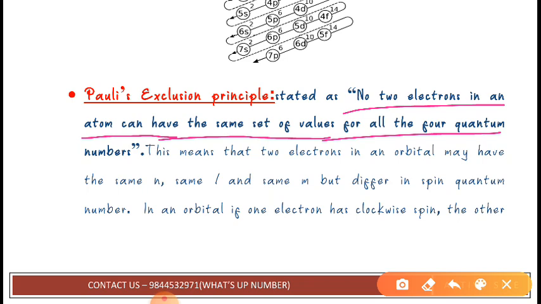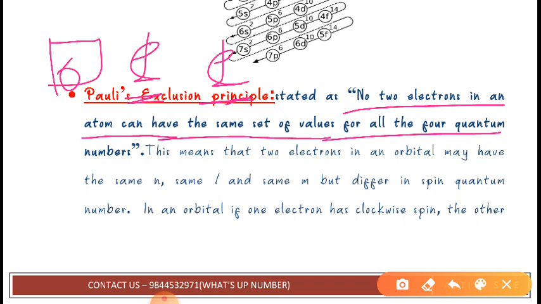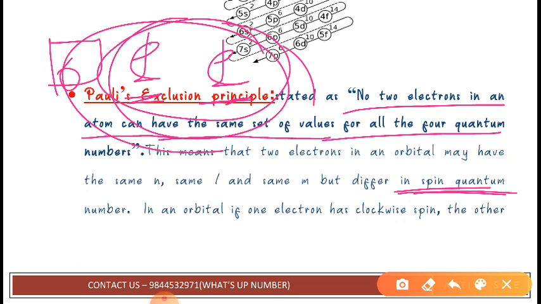When we look at any element or any electron, suppose this one is an electron and this one is also an electron, both of them will not have all four quantum numbers the same. If three quantum numbers are the same, then they will differ in the spin quantum number. No two electrons will have all four quantum numbers the same.